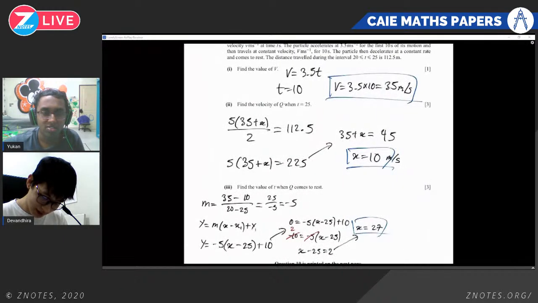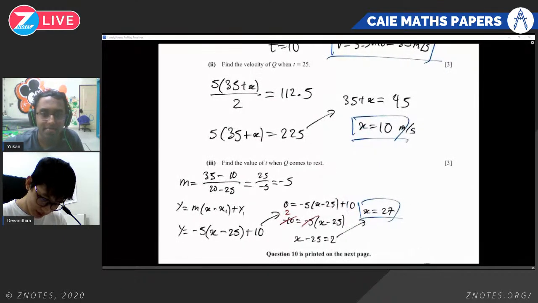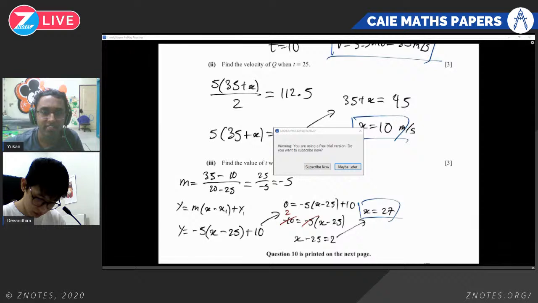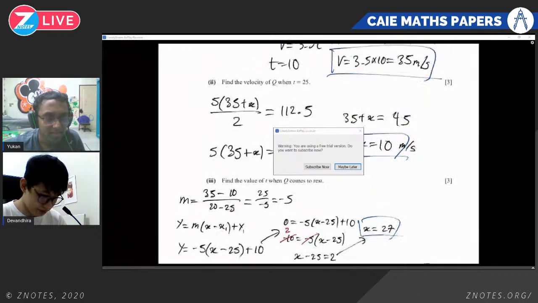You could also do this: because that's the deceleration, you can do negative 5 equals the change in speed, which is just 35 because it's all the way until 0, divided by time, correct? Yep.